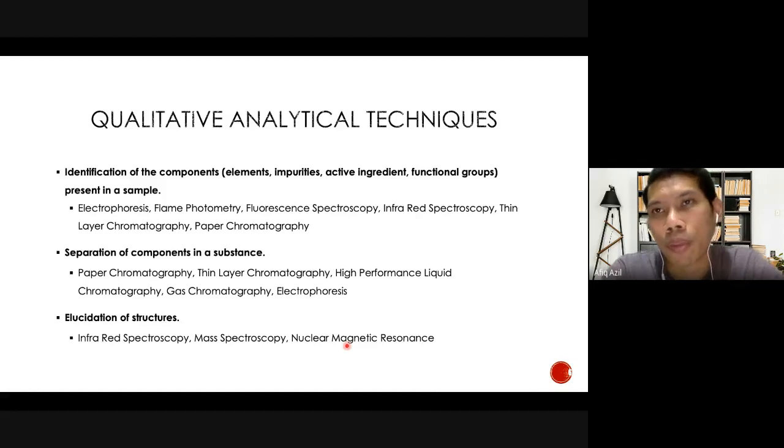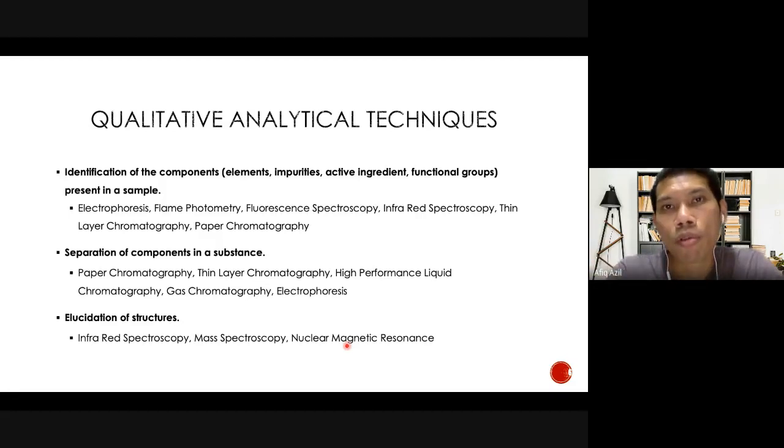But the results obtained will appear in the form of peaks, okay, peaks like in a graph. So you have to know how to interpret the data. Okay, it doesn't mean you simply put your sample into the instrument, it will tell you straight away, oh, this compound contains 11 hydrogen and so on.